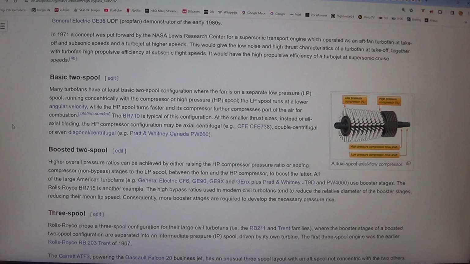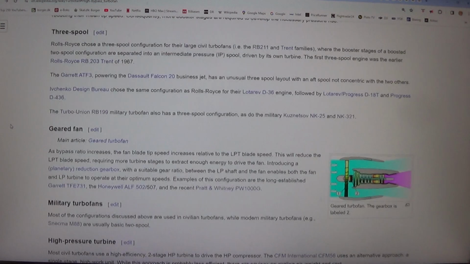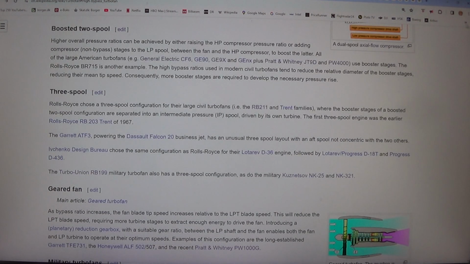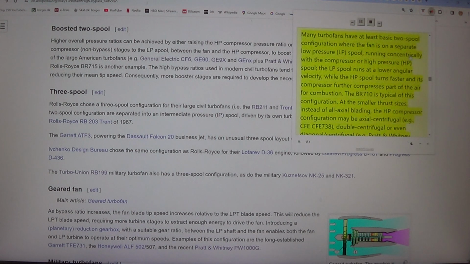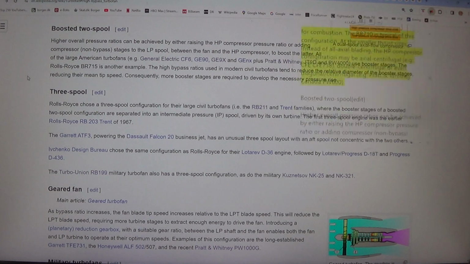The BR710 is typical of this configuration. At the smaller thrust sizes, instead of all axial blading, the HP compressor configuration may be axial-centrifugal, for example CFE738, double centrifugal or even diagonal/centrifugal, for example Pratt & Whitney Canada PW600.